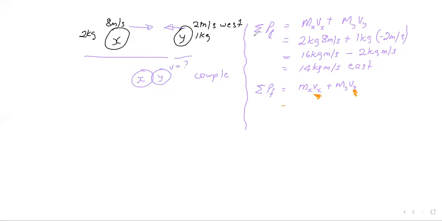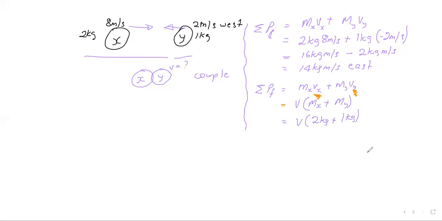Mathematically, we take v out because it is common, and then we put the mass of x plus the mass of y. That is v times the mass of x, which is 2 kg, plus 1 kg.